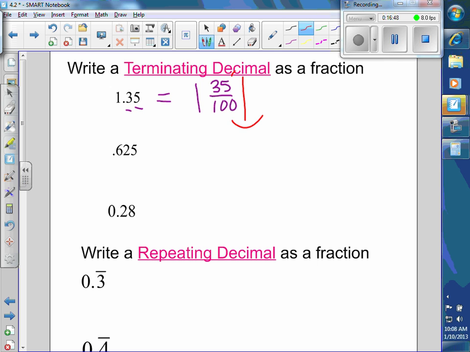What goes into 35 and 100? 5, right? So it becomes 1 and 7/20. Final answer should be simplified. If you know them, just write it down.